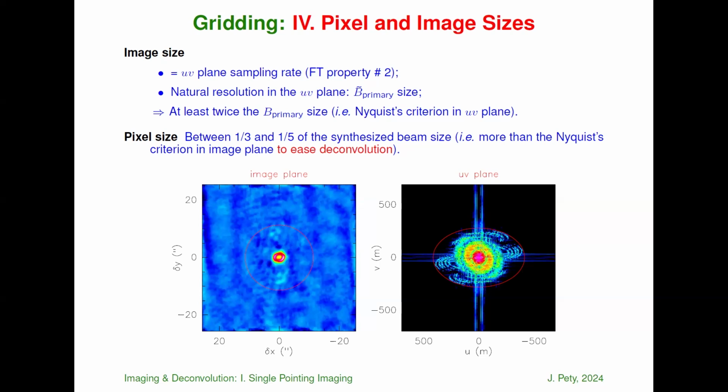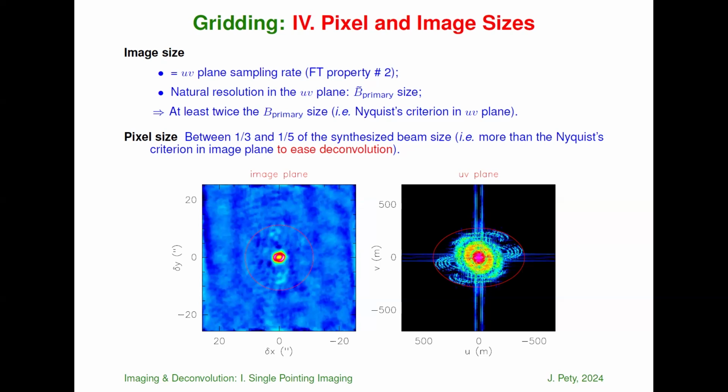Now, what should be the pixel size? So the pixel size in the image plane should be related to the largest distance in the UV plane measured. So the largest distance, let's say that this is this baseline, okay? And so you should do twice, this is a Nyquist criterion, you should do twice this largest distance.